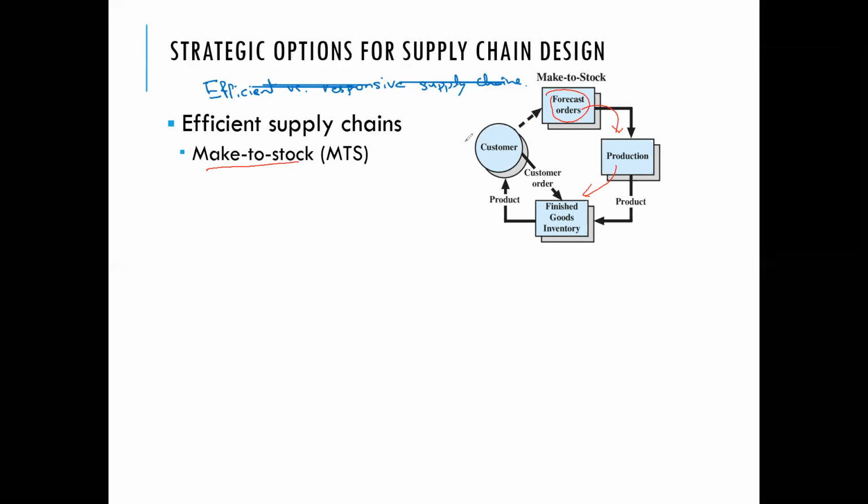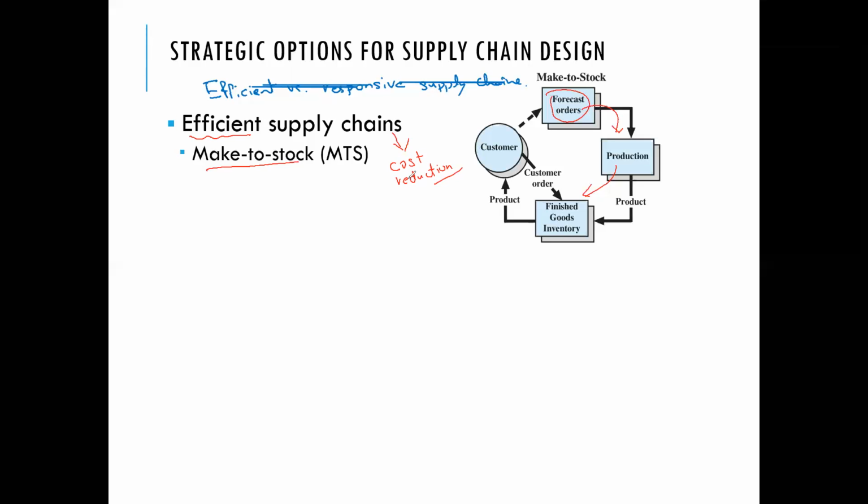So generally for those kinds of products, the supply chains that we need are efficient supply chains. And when we use the word efficient, the idea is that for those kinds of products, the supply chains that we need are focused on less cost or cost reduction.